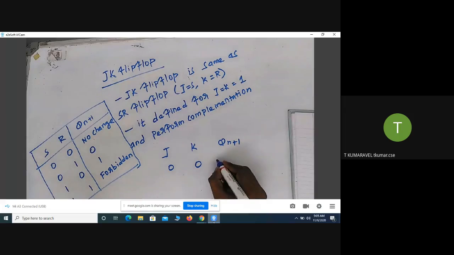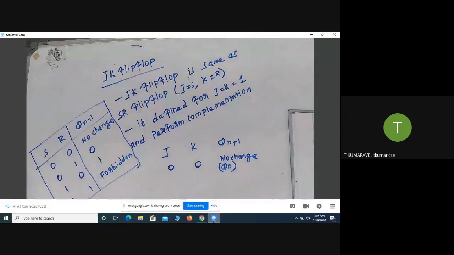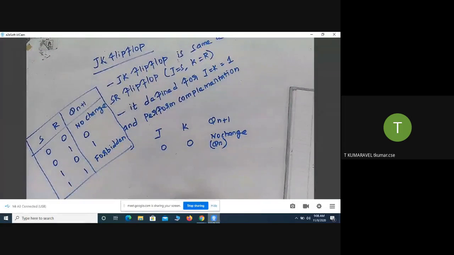Instead of no change, I can write it as Q of n, the previous state output, which is retained. What is the next input combination? 1 0. Look at the table: if S is equal to 1, the output value is equal to 1. Here, J value equal to 1, definitely the output value is equal to 1.